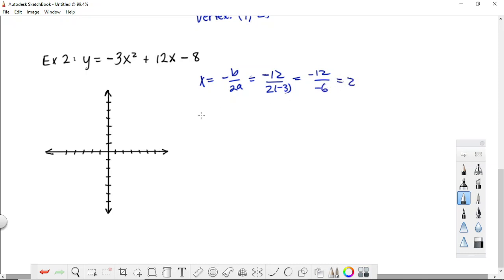Okay, now we'll find the y coordinate of the vertex. Just plug in that 2 in for x, so negative 3 times 2 squared, plus 12 times 2, minus 8. So let's see, let's simplify that. 2 times 2 is 4. Negative 3 times that is negative 12.